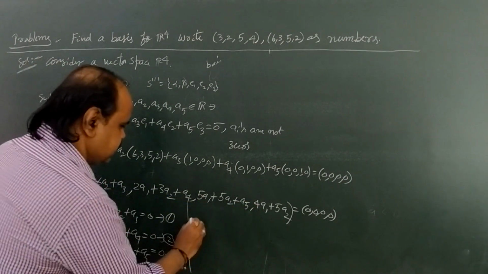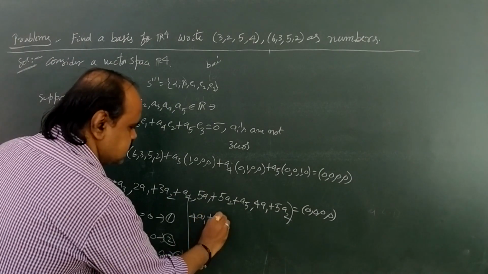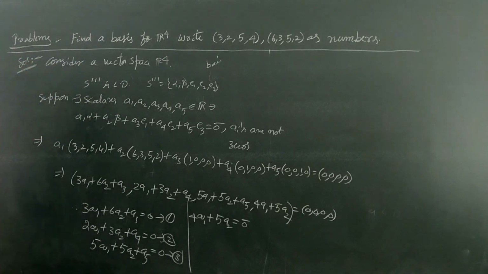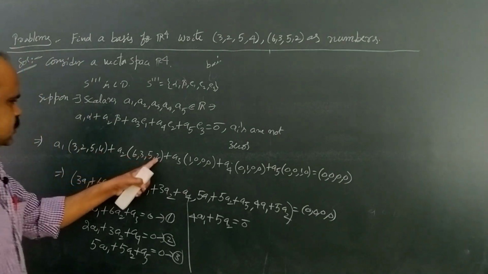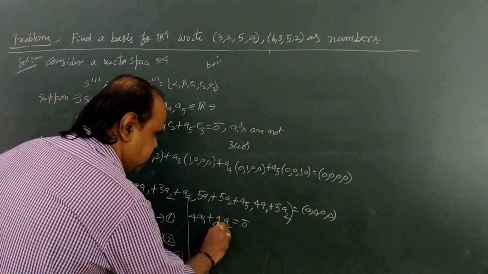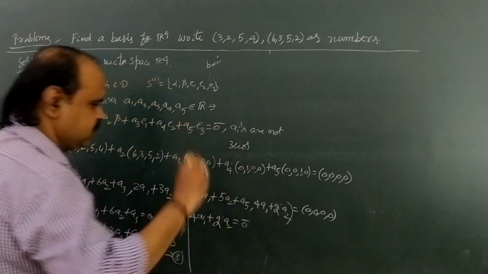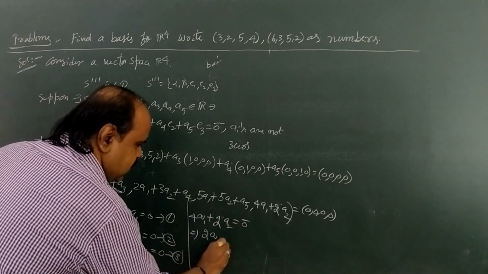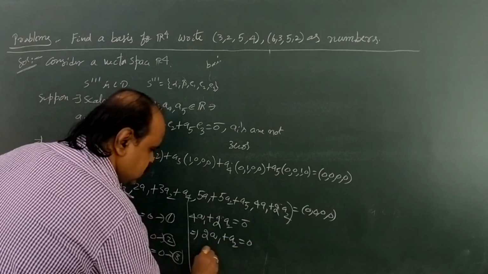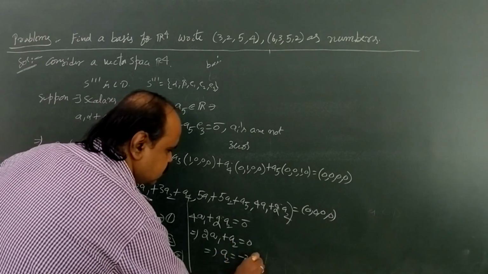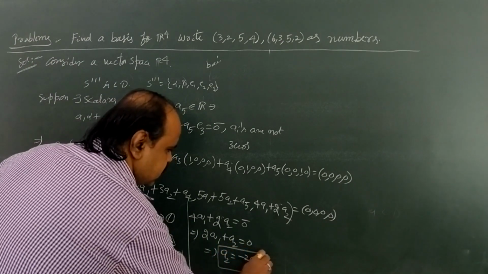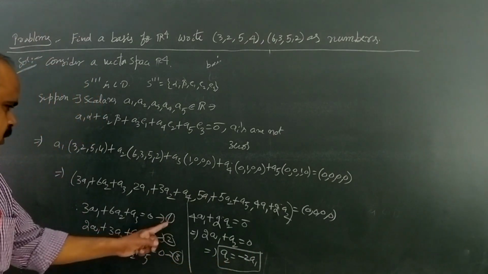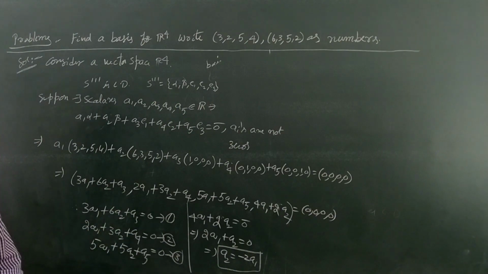And the last one is 4a1 plus 2a2 equal to 0. From this, if we cancel 2 on both sides, 2a1 plus a2 equal to 0. So that implies here a2 equal to minus 2a1. Now substitute a2 value in 1, 2, 3 equations. Okay na?